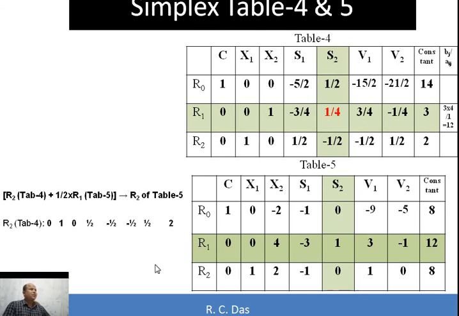So this is row 2 of table number 4, and this is half of row 1 of table number 5. Adding it, we get 0, 1, 2, minus 1, 0, 1, 0, 8.